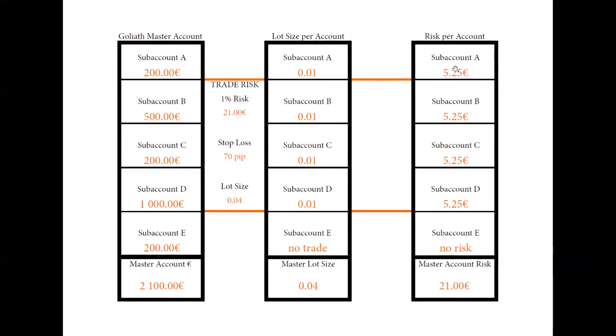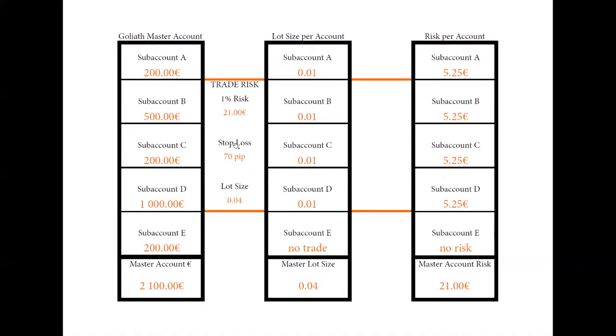In this case, we can see that the risk grew, and because this account is smaller, the risk is now 5.25, 5.25, and so on and so on. This account is risking less than 1%, and this is risking less than 1%, and this is risking way more, about 3%.